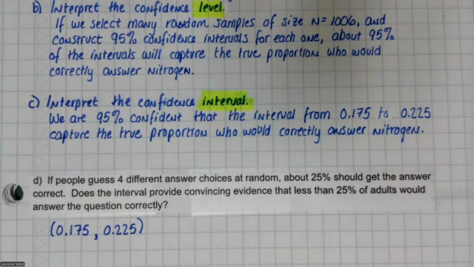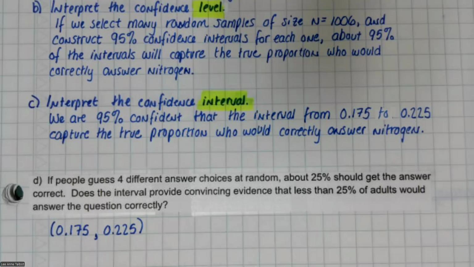This is saying that we're 95% confident that the actual number of people who know that it's nitrogen, I suspect it's much lower than this, but whatever, the percentage of people that actually know that it's nitrogen is somewhere between 17.5% and 22.5%.